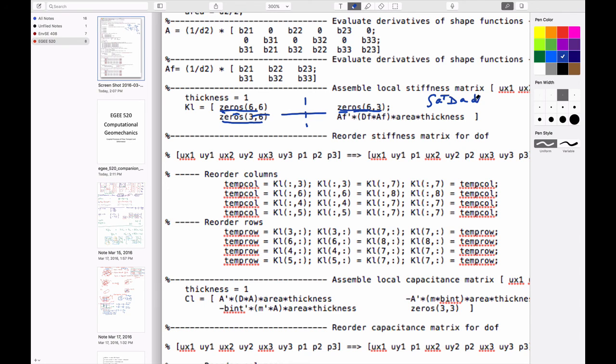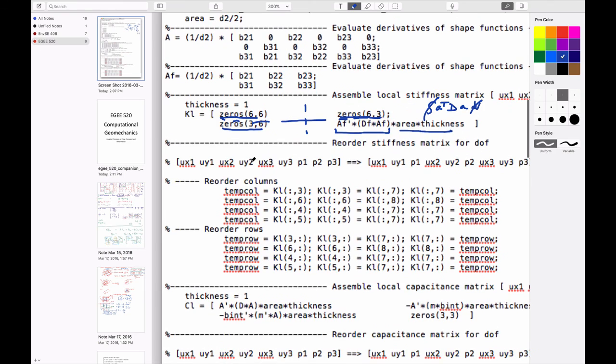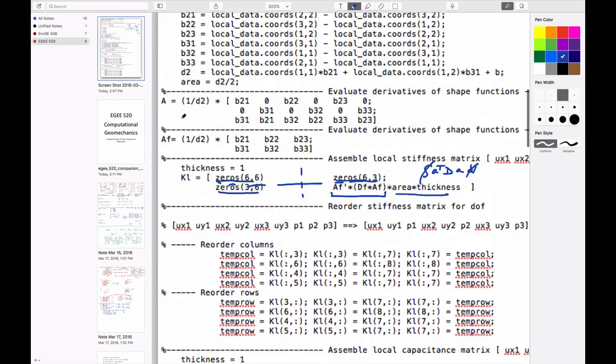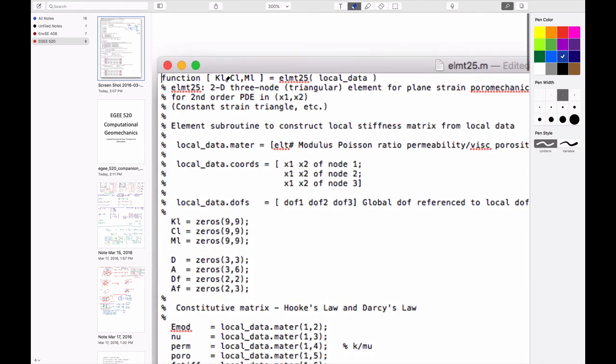The integral of dV is just the area of the triangle. So this is the area of the triangle, and this part here is A transpose dA. So this is the conductance part, and so this is the conductance matrix that gets sent back to the main routine.